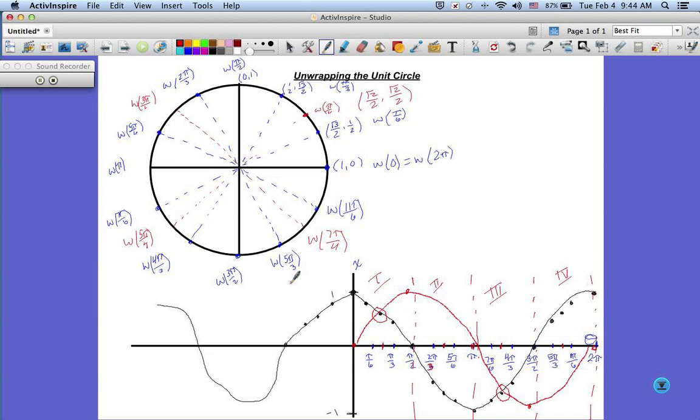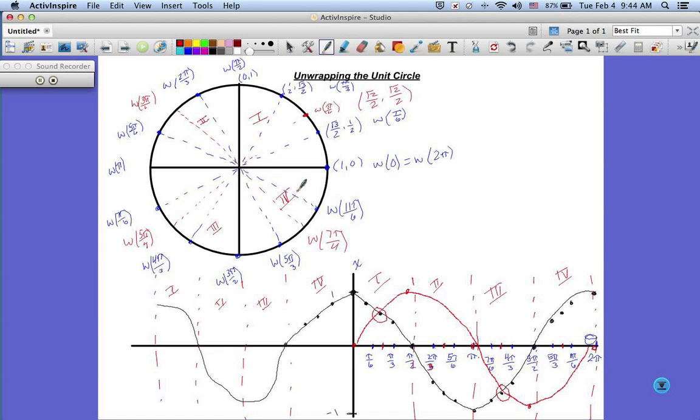Now if I go the other direction, I'm starting in quadrant 4. And then quadrant 3, quadrant 2, and I end in quadrant 1, right. If I go the other direction, quadrant 1, 2, 3, 4. There you go, quick sneak peek at unwrapping the unit circle.